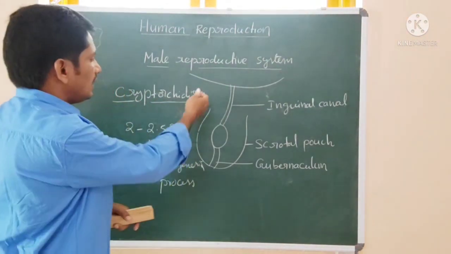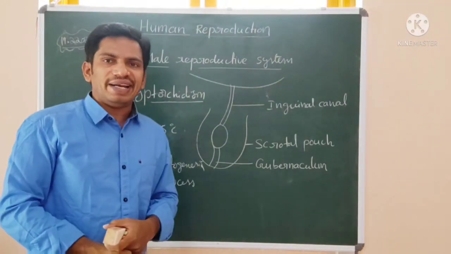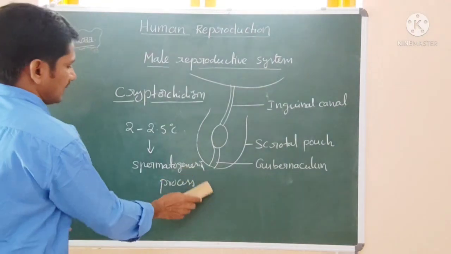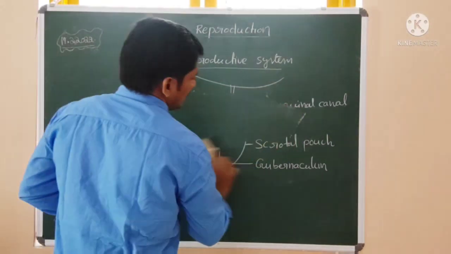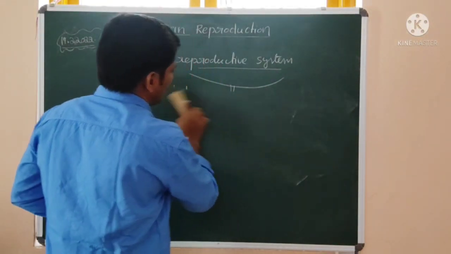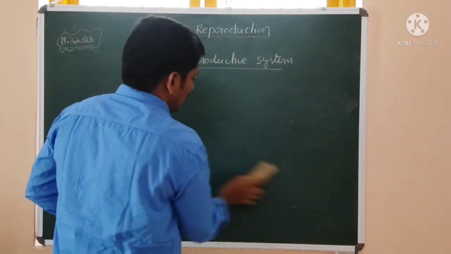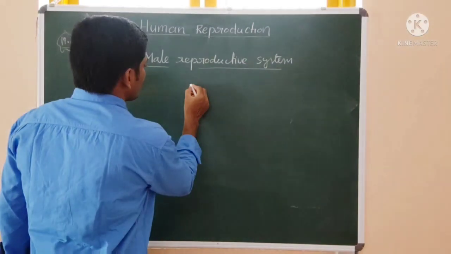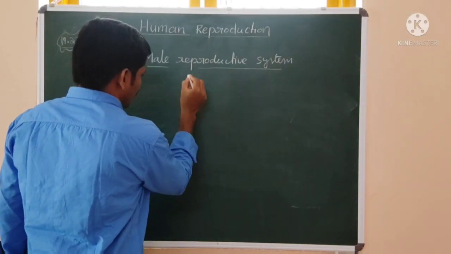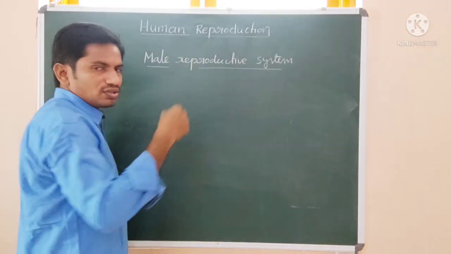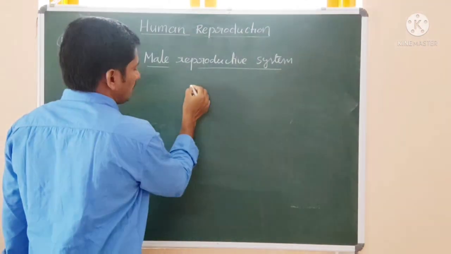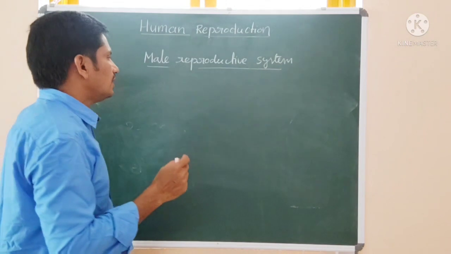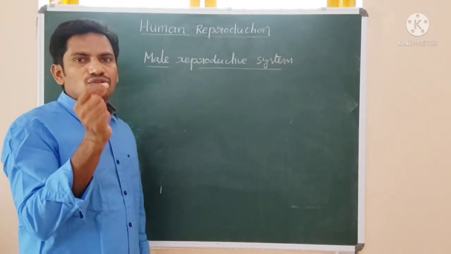Now this is about the testes, and next one, accessory ducts. The accessory ducts arise from the testes. In the scrotum itself, the testes are there, and they contain highly coiled tubes.